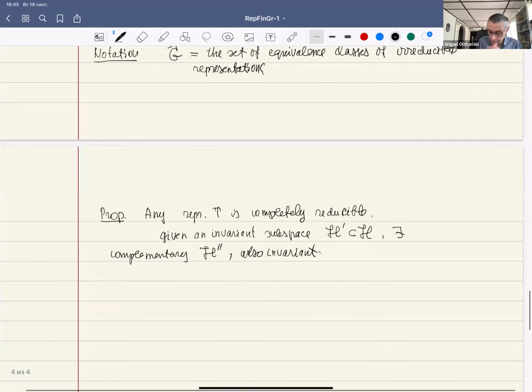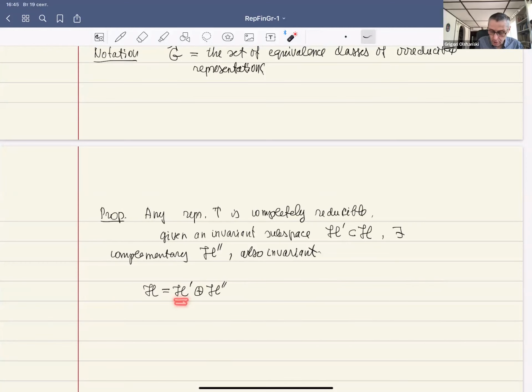So in this case, we can write our H as a direct sum of two subspaces, and we can restrict our representation T on this one and on this one and get a decomposition of T into a direct sum of two representations.